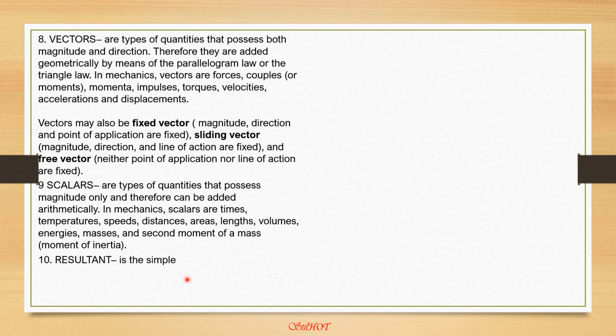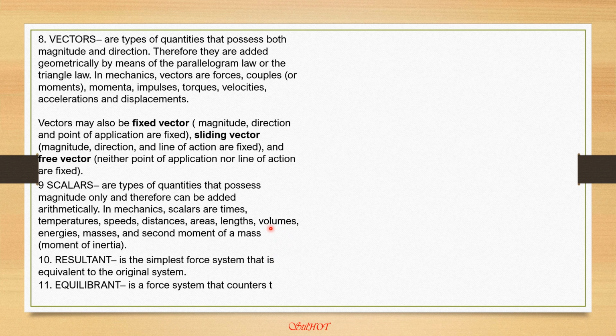Then the resultant is the simplest force system that is equivalent to the original system, or equivalent to the effect of the original system. Equilibrant is a force system that counters the resultant so that the system will be in equilibrium. So that's the definition of equilibrant.